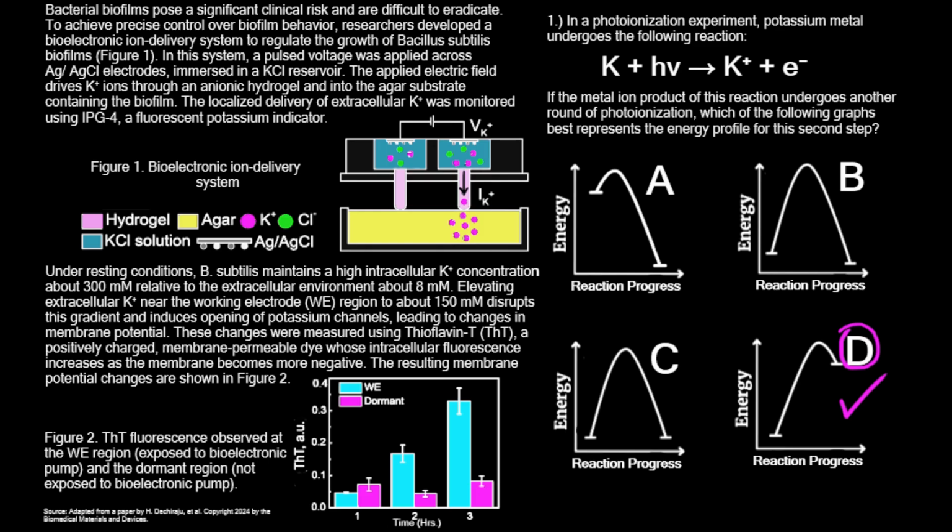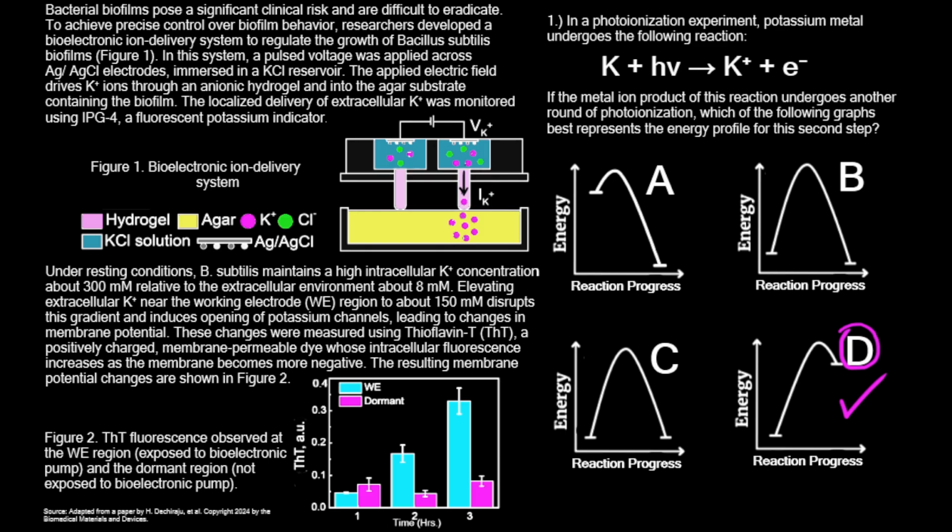Removing an additional electron from this already stable potassium cation requires a significantly larger amount of energy. Therefore, the second ionization energy is much higher and it involves overcoming a large activation energy barrier. Because energy must be absorbed to remove this second electron, the process is endothermic.